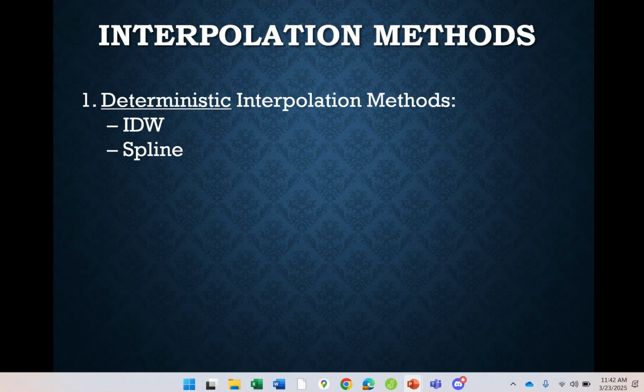So how do we go about doing spatial interpolation? Well, there are two basic types of spatial interpolation methods. One is called deterministic interpolation. A couple of examples we'll go over are inverse distance weighting and the spline. Deterministic means that the interpolation is based directly on the observations.